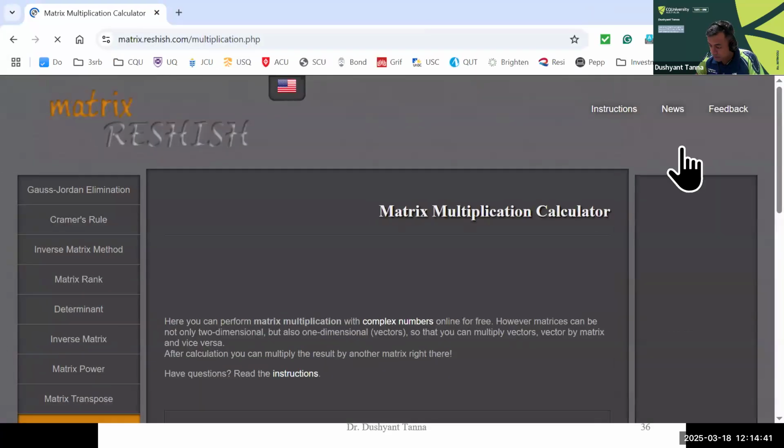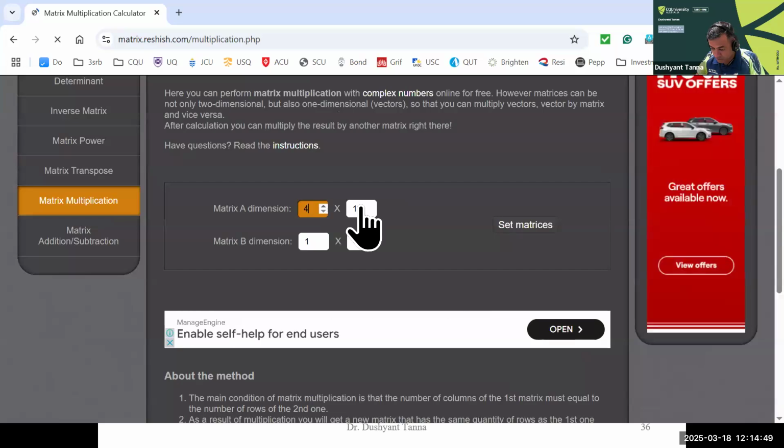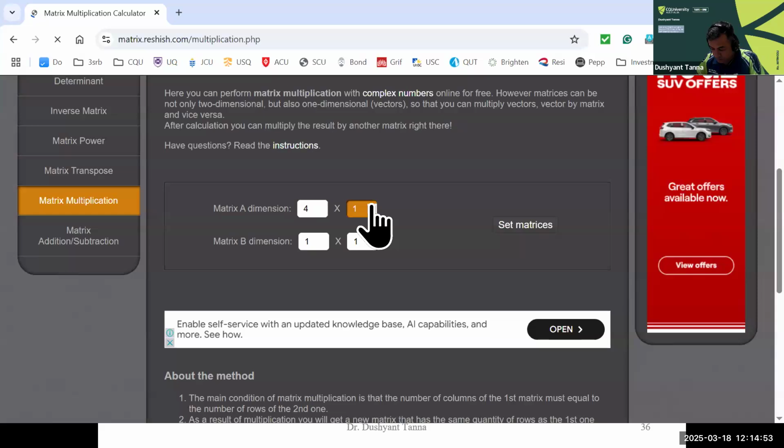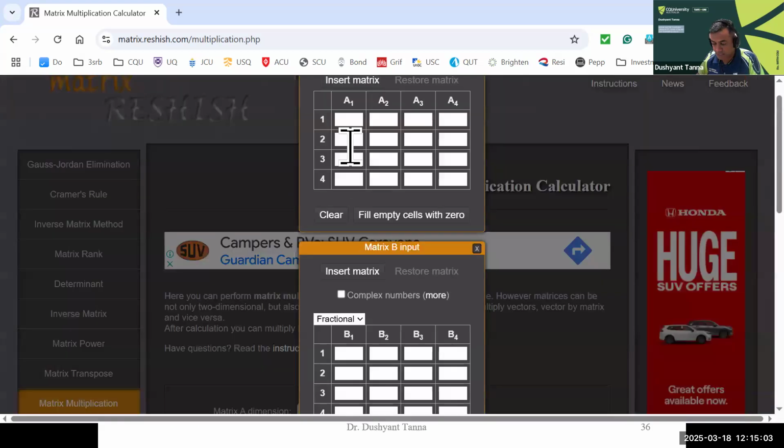What is the dimension of the matrix? So we are talking about a 4 by 4. It will not allow it if it's not aligned. Okay, now set the matrices.